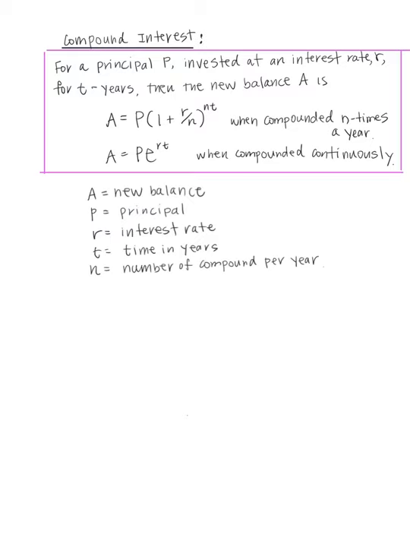Let's just summarize this, since we have so many notations going on. A is the new balance, P is the principal, R is the interest rate, T is time in years, and N is the number of compounds per year.